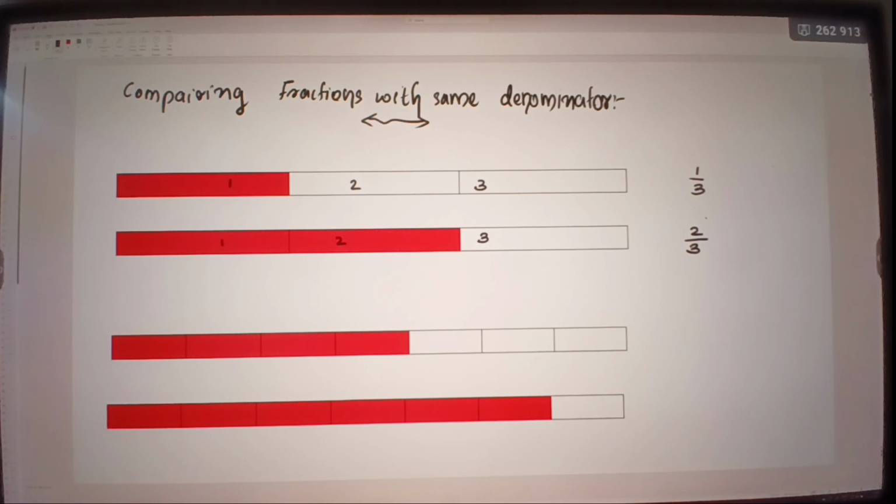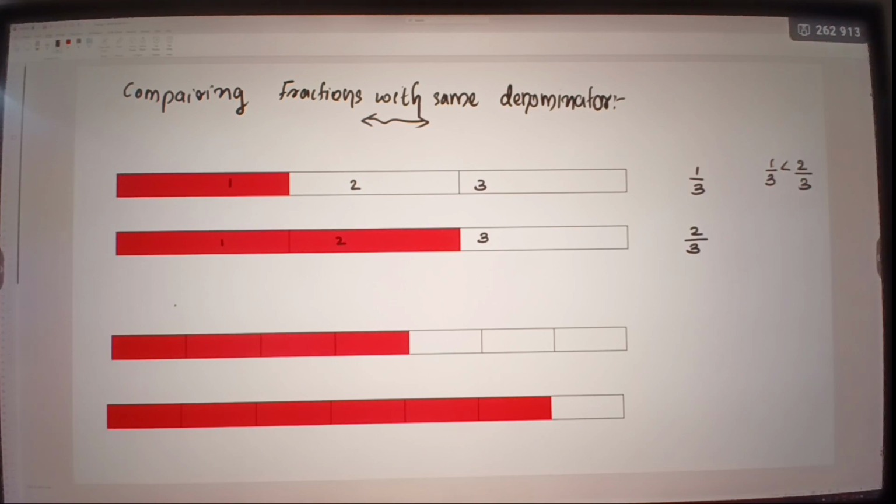So both have same denominator, but 2/3 has more region shaded. That means 1/3 is less than 2/3 because in 2/3, 2 parts are shaded. So more region is shaded in 2/3. So we can say that 2/3 is greater than 1/3.